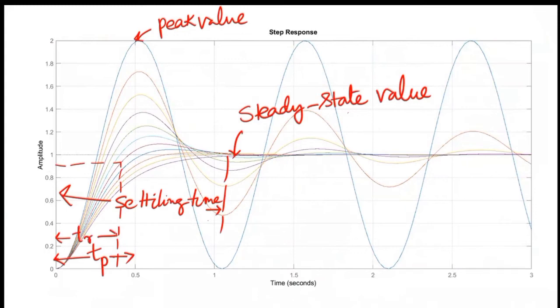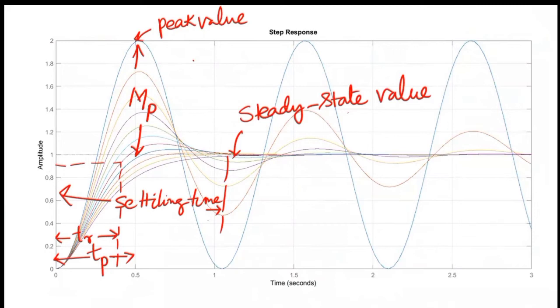It is represented with T R. The difference between the steady state value and the peak value is known as overshoot or peak overshoot. It is represented with M P. All these are called the time domain specifications of a second order underdamped response.